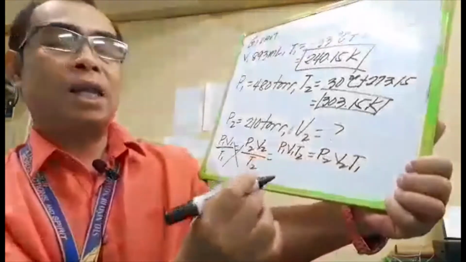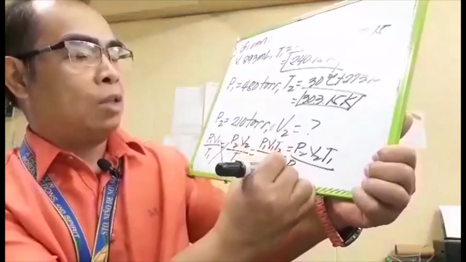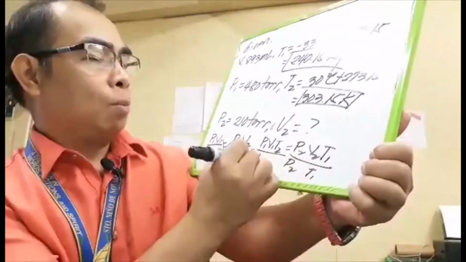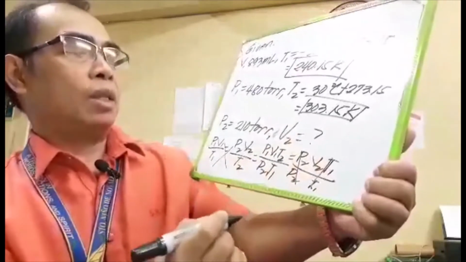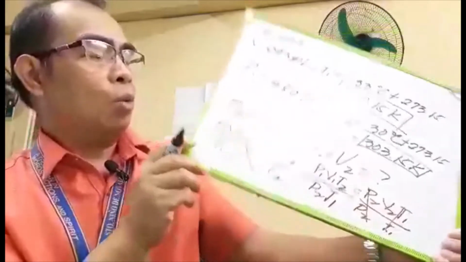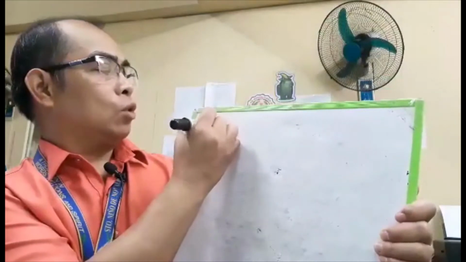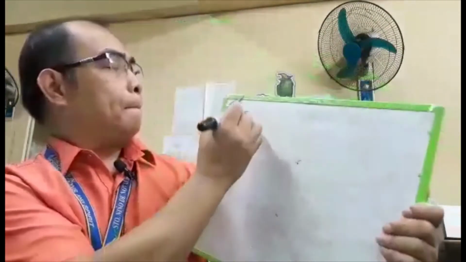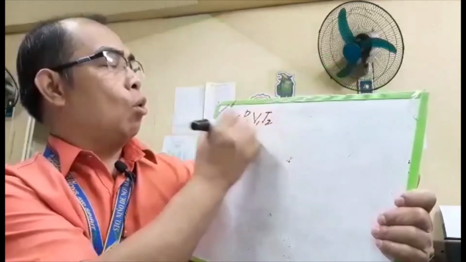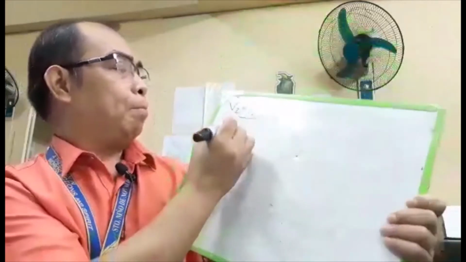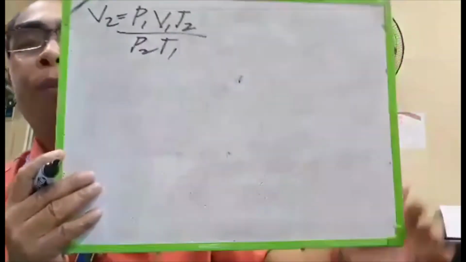We are looking for V2, so divide both sides by what is beside it, P2T1. Cancel this. Our formula in solving for V2 will be V2 is equal to P1V1T2 over P2T1. So this will be our formula.